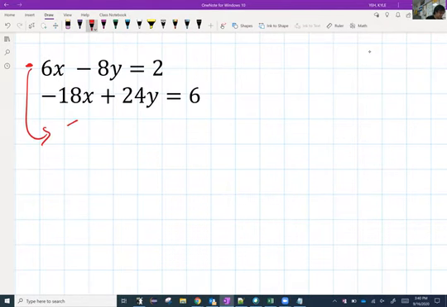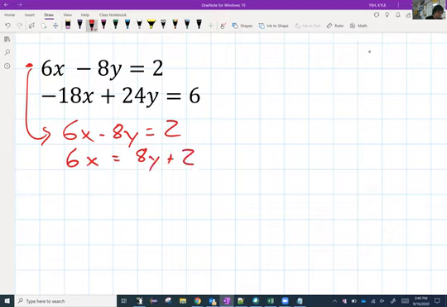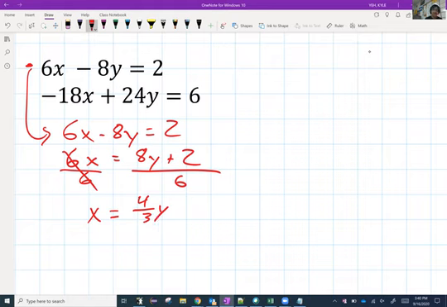So I'll just come down here and say 6x minus 8y equals 2. Maybe I'll get x alone. 6x equals 8y plus 2. I need to divide everything by 6. X is equal to 8 divided by 6, which simplifies to 4/3 y, and then plus 2 divided by 6, which simplifies to 1/3.